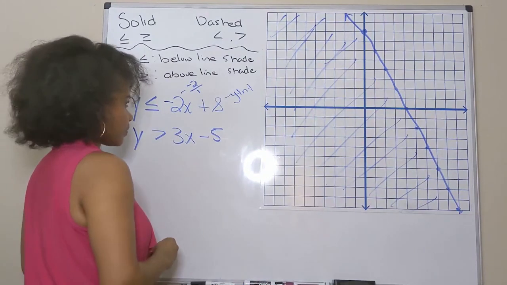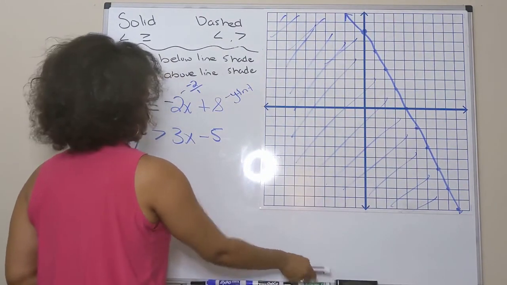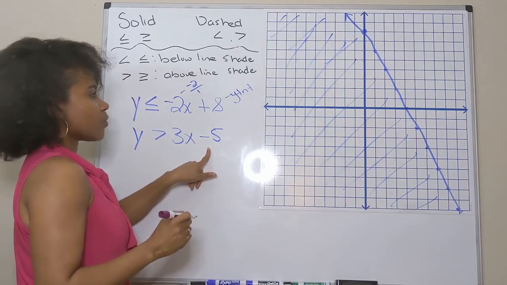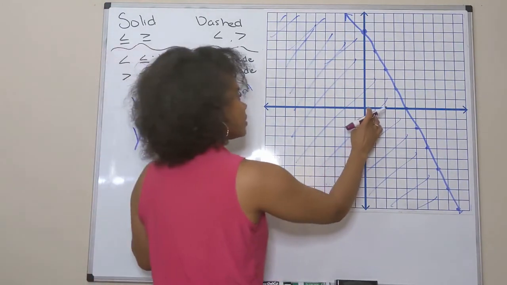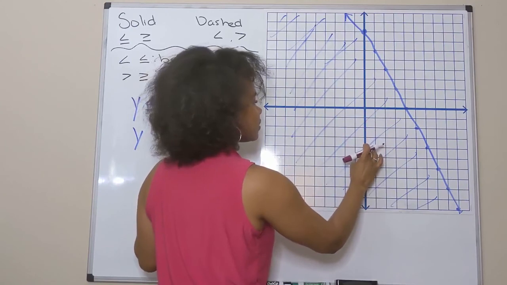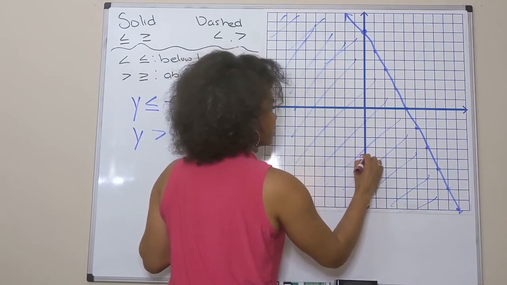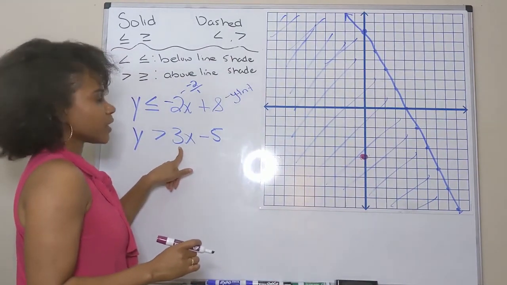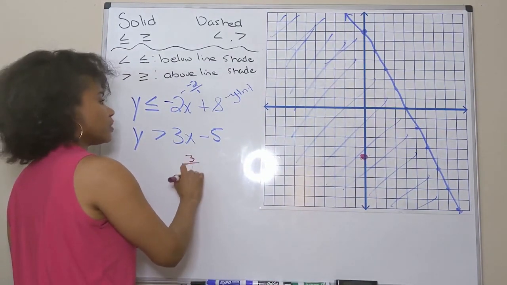All right. So now let's graph the second one. I have negative 5 for my y-intercept, so I'm going to start here. 1, 2, 3, 4, 5. And then 3 for my slope, so 3 over 1.